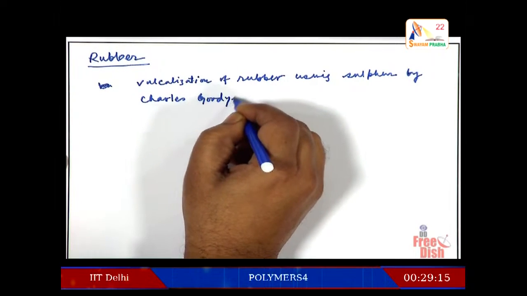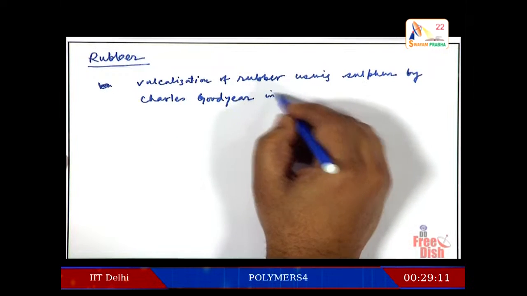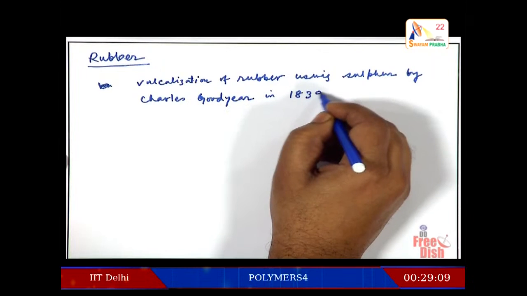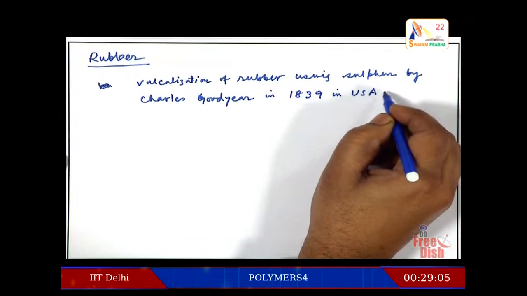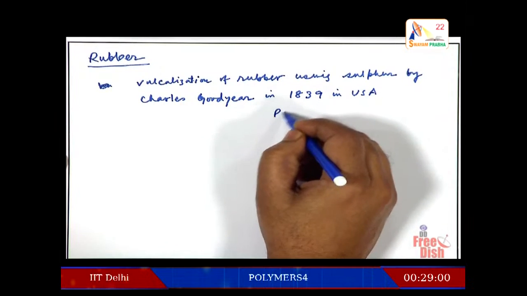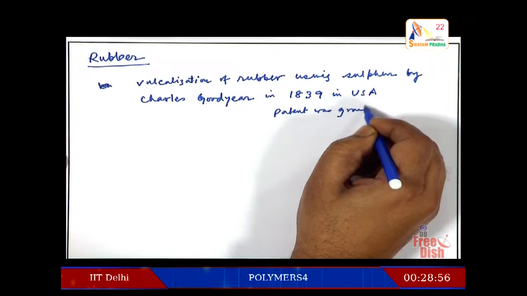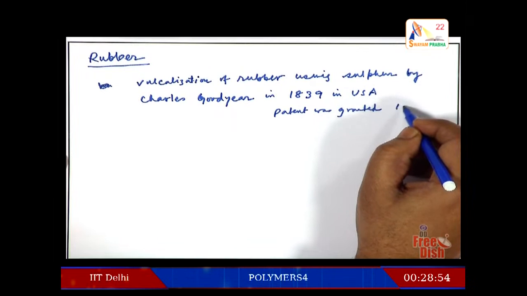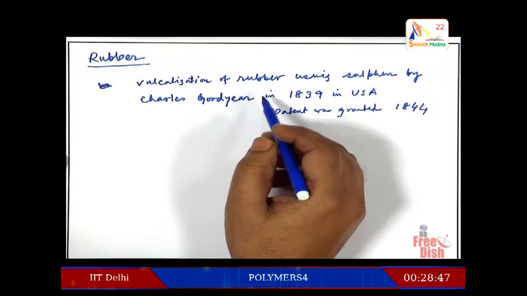You have probably heard of Goodyear tire, and it was done long back in 1839 in USA, and he filed a patent, which was granted in 1844. So, by doing the vulcanization, what happened?